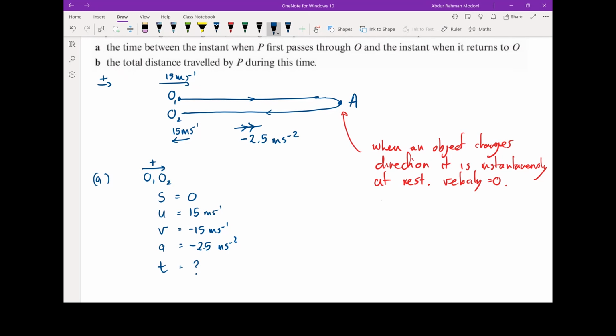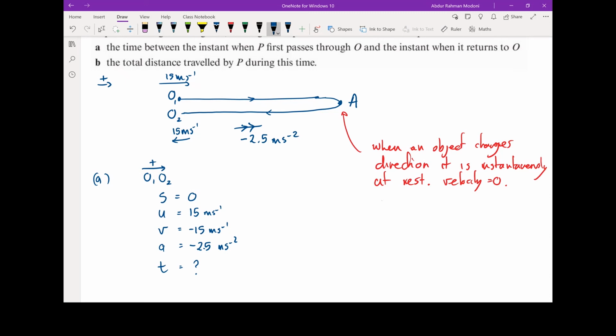All of our SUVAT equations involve 4 of these variables, so we can use quite a few. I can use S, U, V, T. There's quite a few I can use. So let's decide on one.